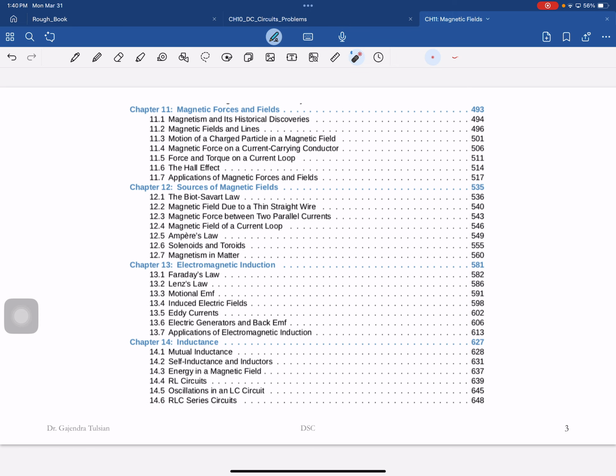So we'll introduce magnetic fields in this chapter, and then the forces the fields exert on moving charges. In the next chapter, we'll study that moving charges produce magnetic fields. And then we'll talk about electromagnetic induction and so on. These will be things not varying with time, and there things will vary with time.